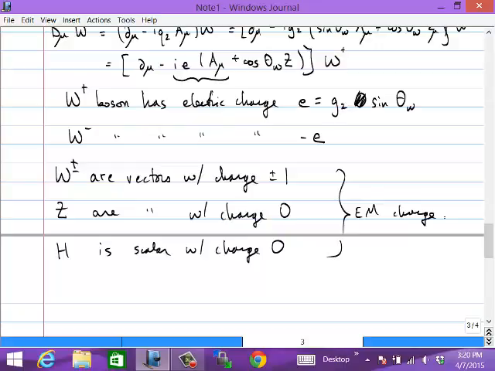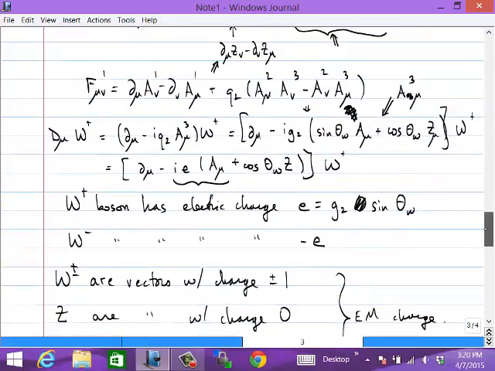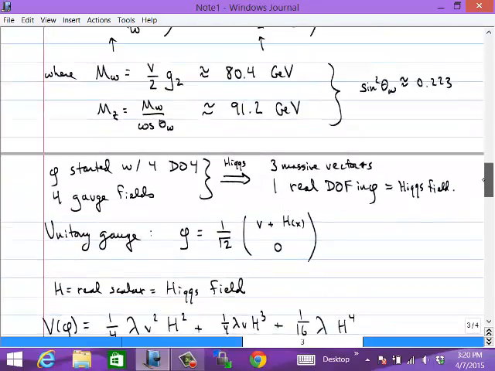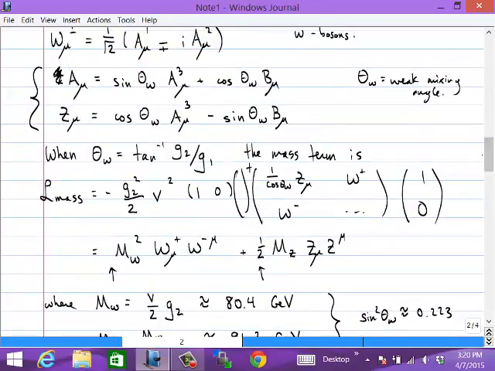I've gone through this a little bit quickly, but it's worth going through yourselves and understanding precisely how it is that these gauge fields acquire charge via the Higgs mechanism. Why these gauge fields look like they're becoming charged vectors after the Higgsing of the electroweak symmetry.